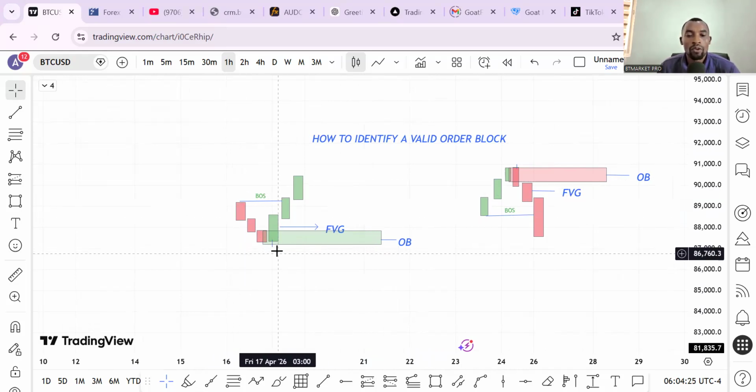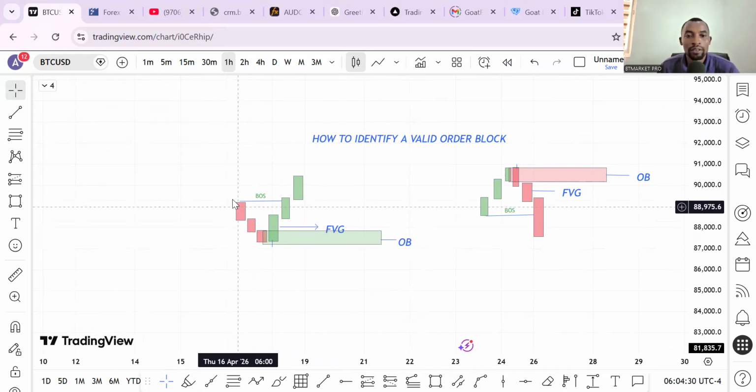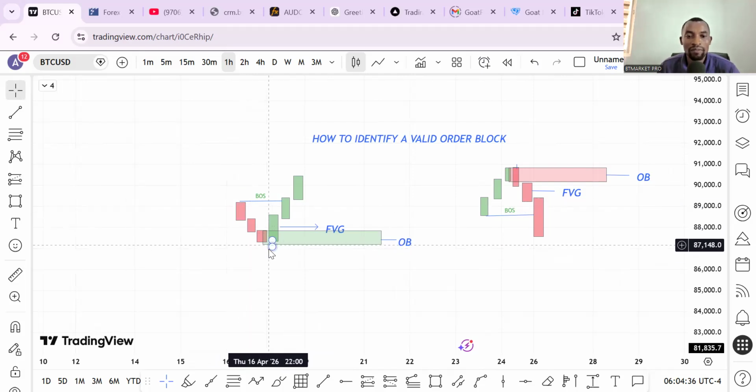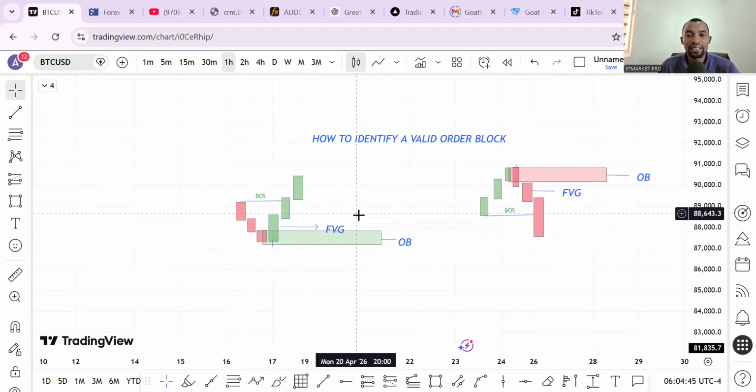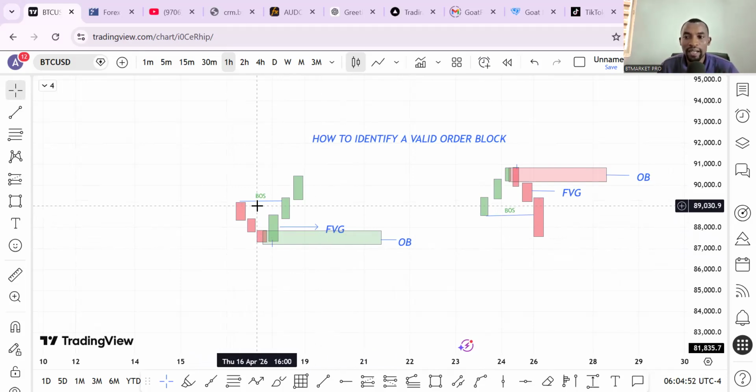Now, a valid order block must do one thing: it must break structure. So we have this high, we have this low, and we have this low that breaks this high. So this zone is regarded by us as a break of structure. So the number one characteristic of identifying a valid order block is that it must break structure.